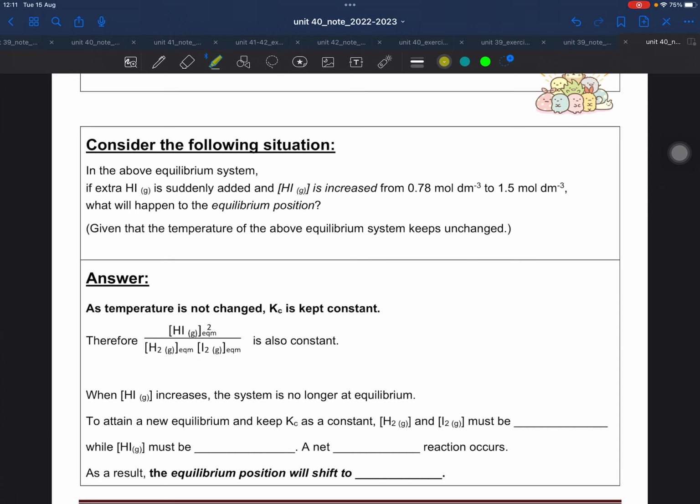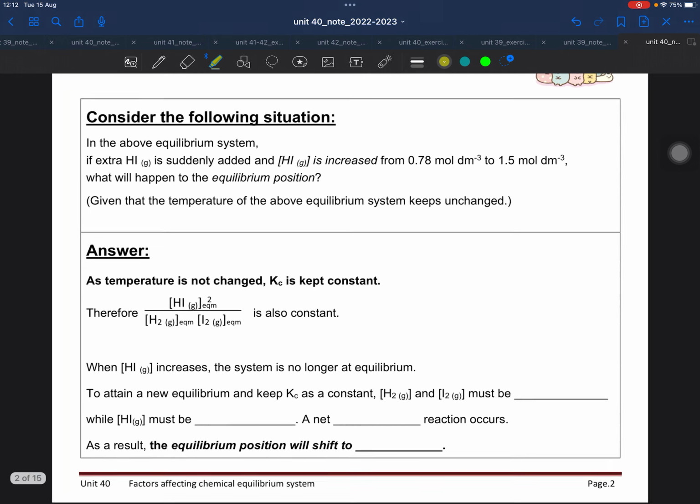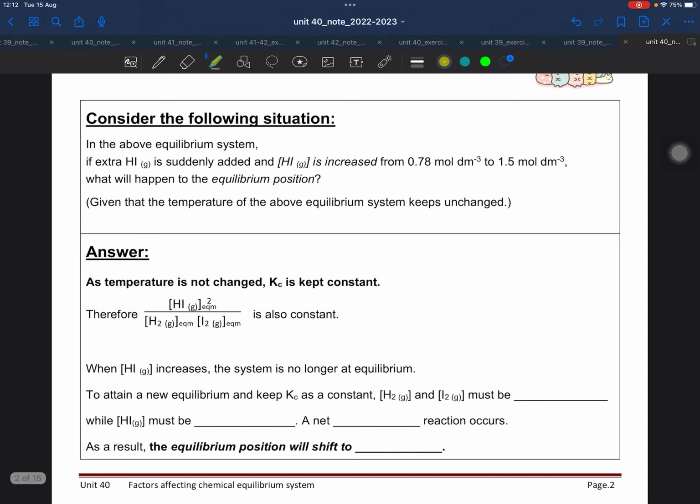So what about the topic in this unit? What we are going to discuss is what will happen if we change the external environment, and whether it will bring any change to the equilibrium. Here we have a quick revision. Still remember, at the end of Unit 39, I came across a question where extra HI is added to the system and the result is Qc is greater than Kc.